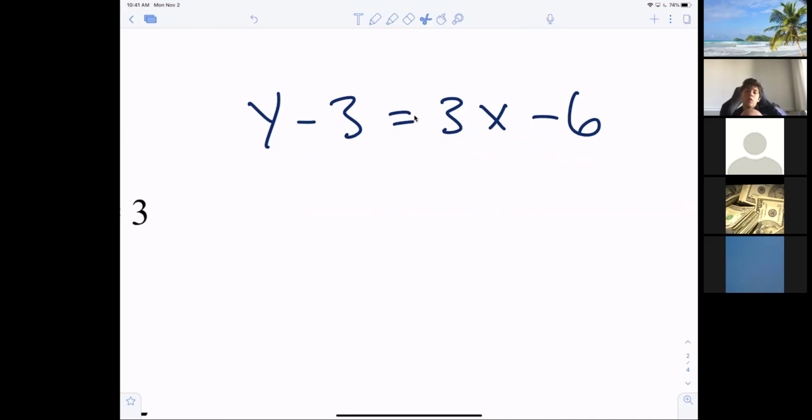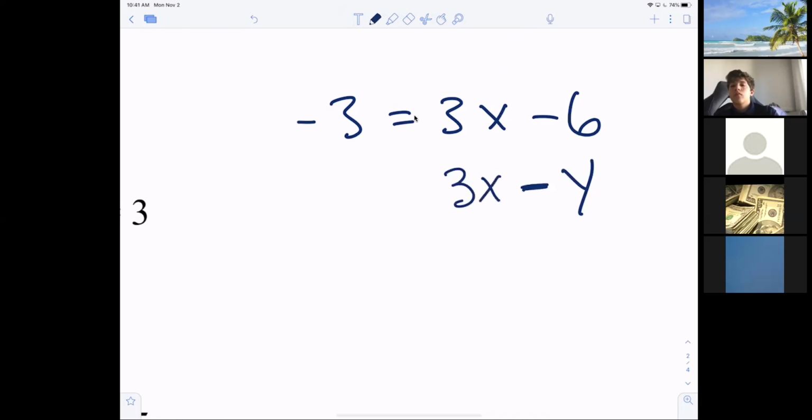Yes, the x should stay there because the x is already positive. So I'm going to take the y value and move it over here. When I move it over, it becomes what? Negative. It's already with the right x, so that's 3x.